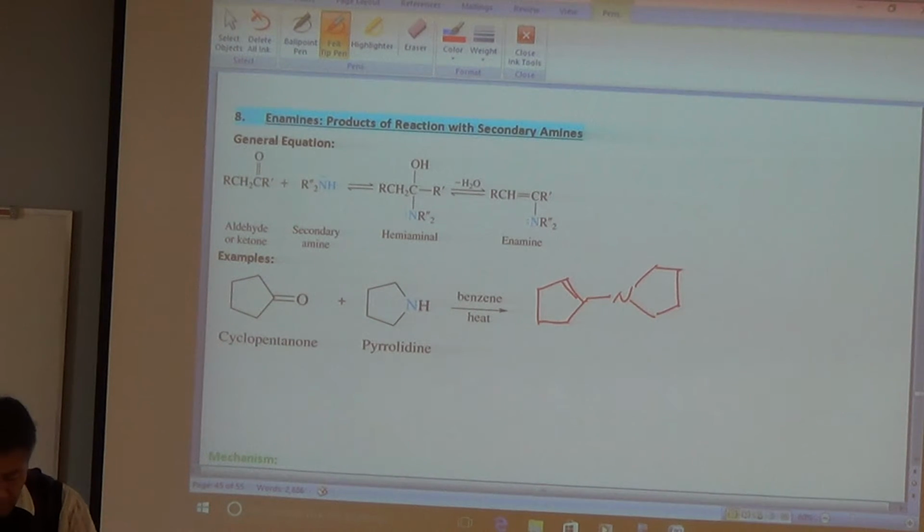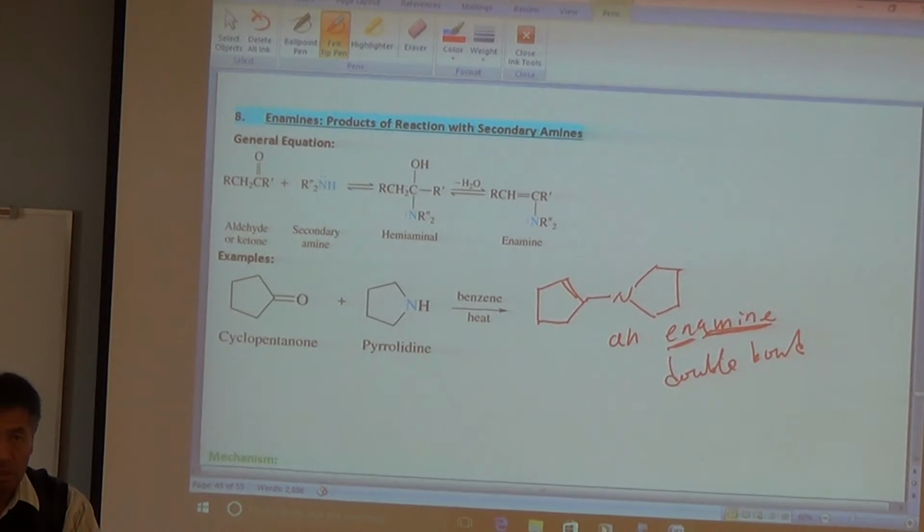This makes sense. This part comes from the double bond. And this is just our usual amine. So therefore, this name is a combination.